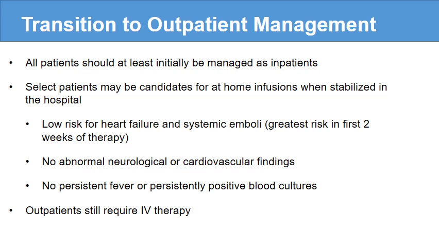Now the problem is that because infective endocarditis is such a severe infection, and the likeliness of having complications is so high, you have to be very careful with which patients you can treat at home. Two of the most likely complications are the development of heart failure and some type of systemic emboli.